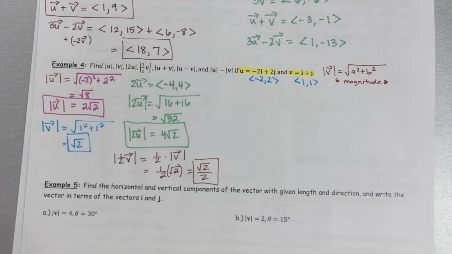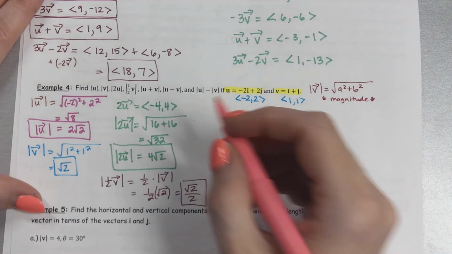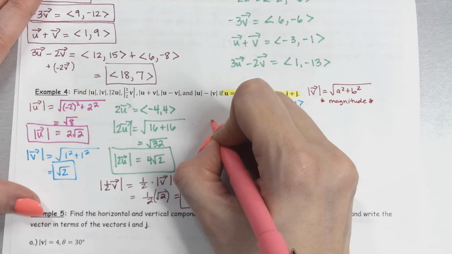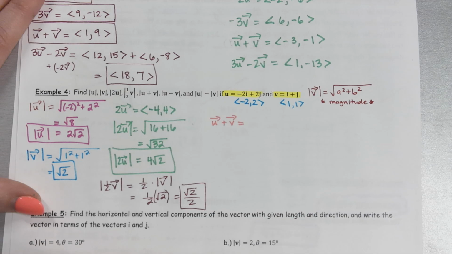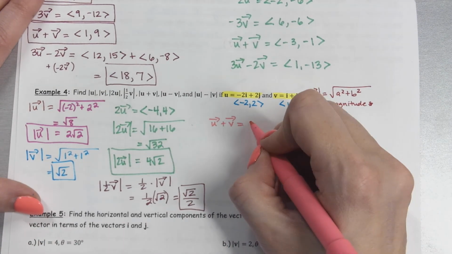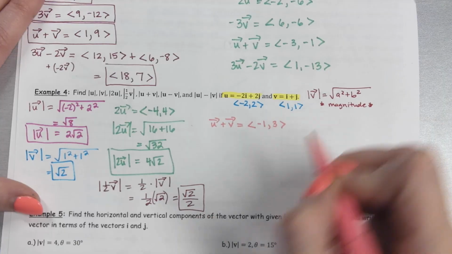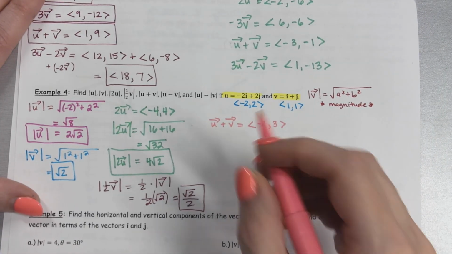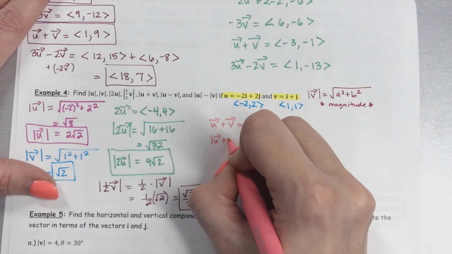Okay, now for the u plus v, we are going to need to find that vector. Okay, so when you add -2 and 1, you get -1. 2 plus 1 is going to be 3. Then we can find the magnitude.